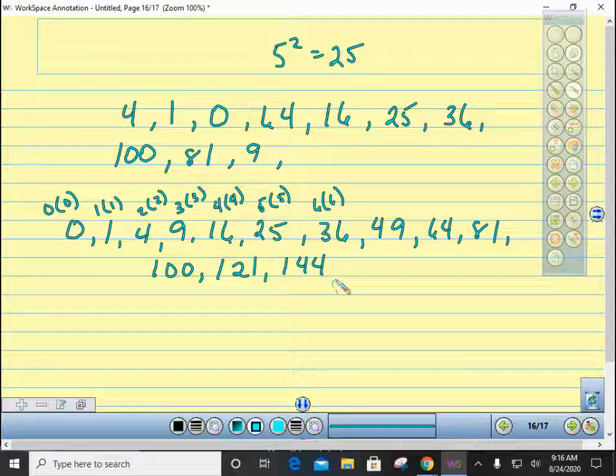If I ever ask you what is the square root of blah, blah, blah, it's only going to be a perfect square, and it's right there. If I ever say what is 13 squared, you're going to look up there and say, oh, that's 169. Are you with me? Are you never going to forget a perfect square?